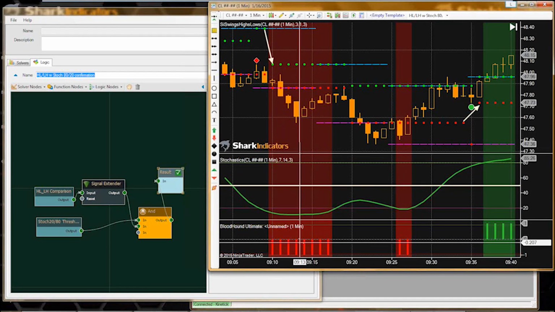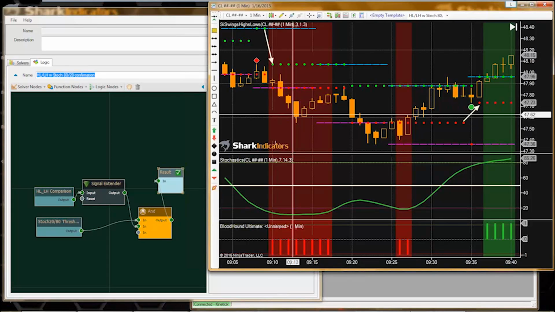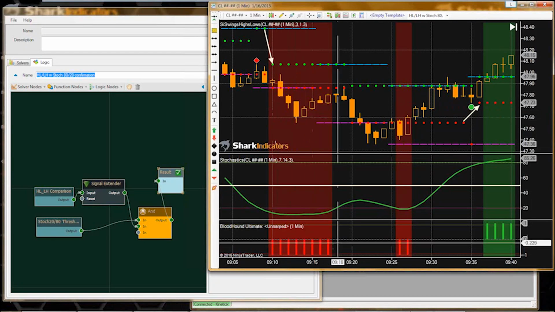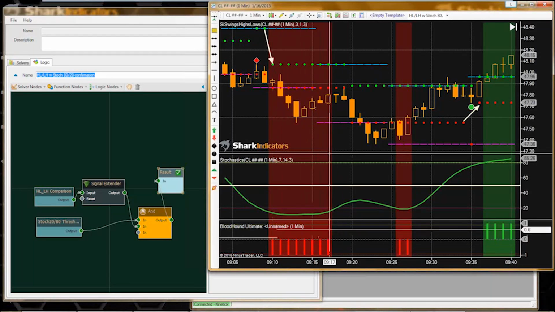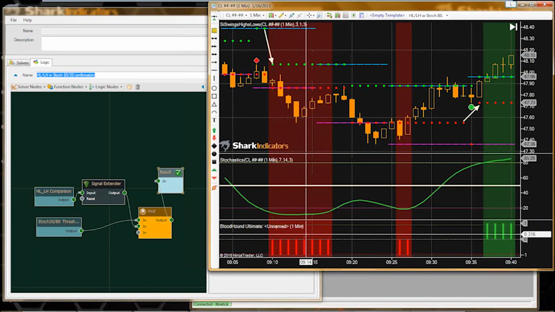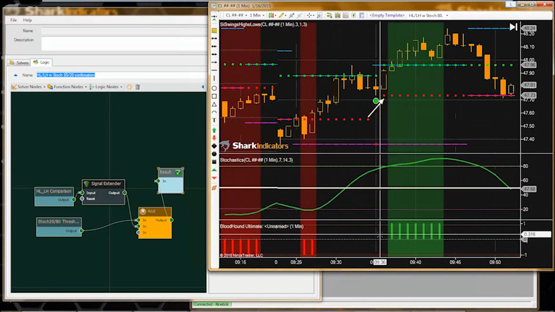So if you're just using this to identify when this set of conditions are true, maybe that's what you want. This tells you, as long as these two conditions are both true at the same time, that's what this is identifying here.